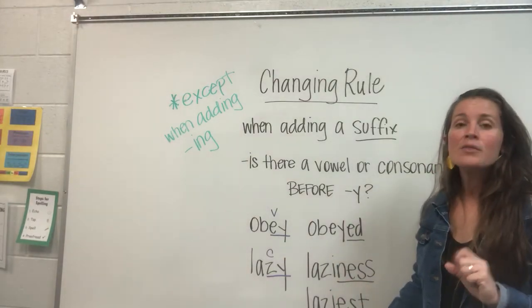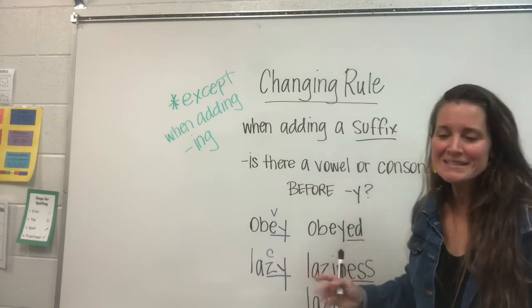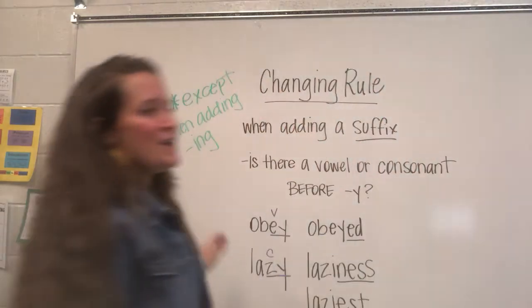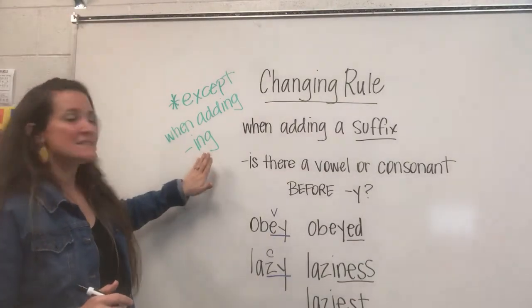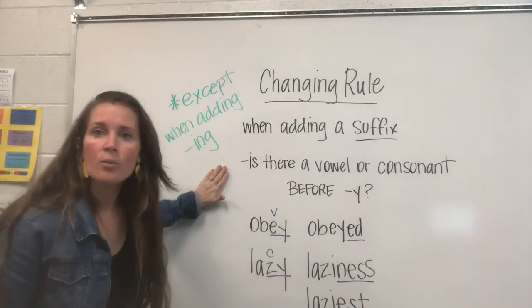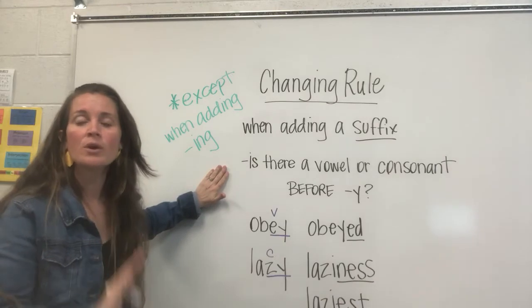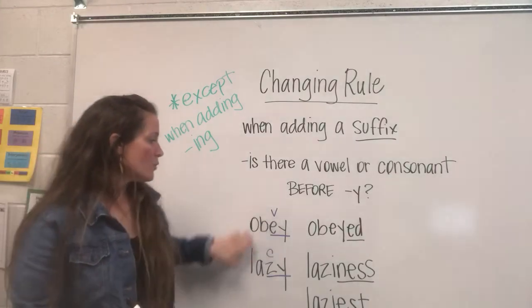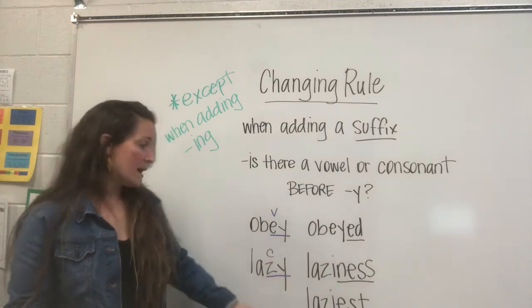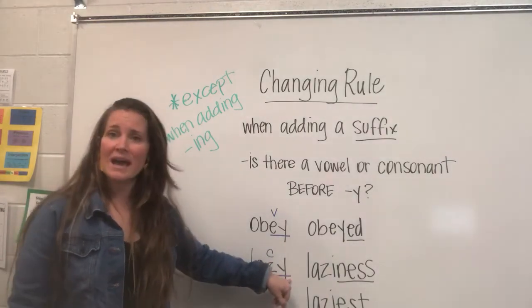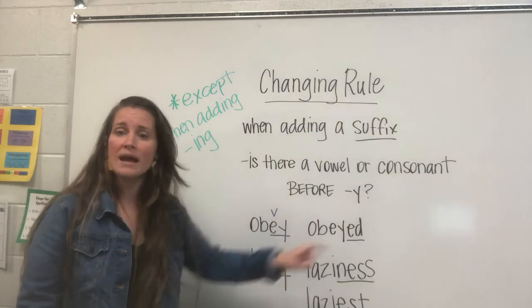Now, there is one exception. Isn't there always? There's an exception. If we have the suffix ing, we are always going to keep the word the same. No matter what, we are just going to add ing. Because otherwise, if we changed this to an I and added ing, we would have two I's in a row.